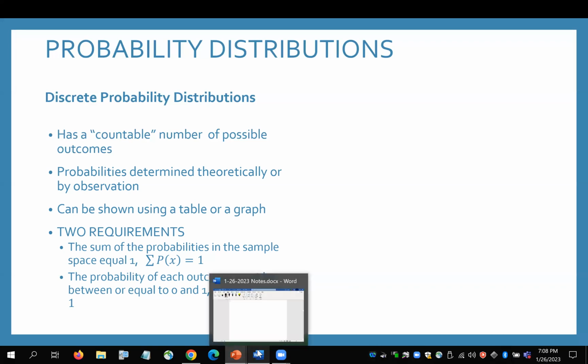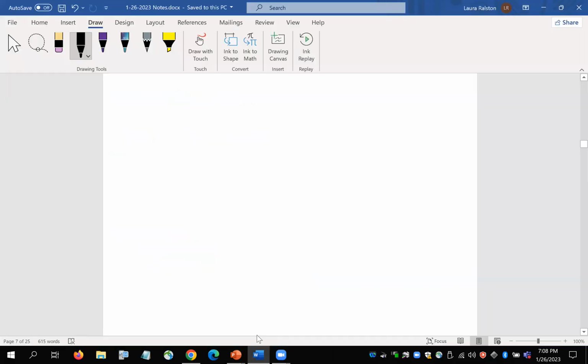And just for review's sake, let me go over to my piece of paper and make you a few notes about that. Okay, so all probabilities are between 0 and 1 inclusive.